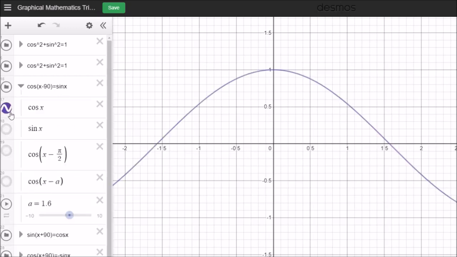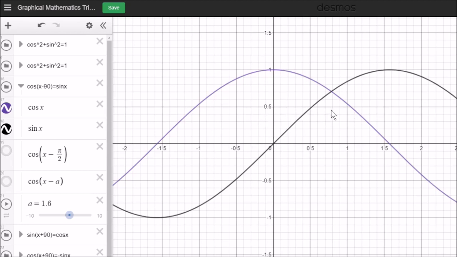There's a cos of x and there's the sine of x, and you can see that if we take the cos of x and take away 90 degrees, whenever it's minus it's equivalent to taking the function and shifting it to the right.